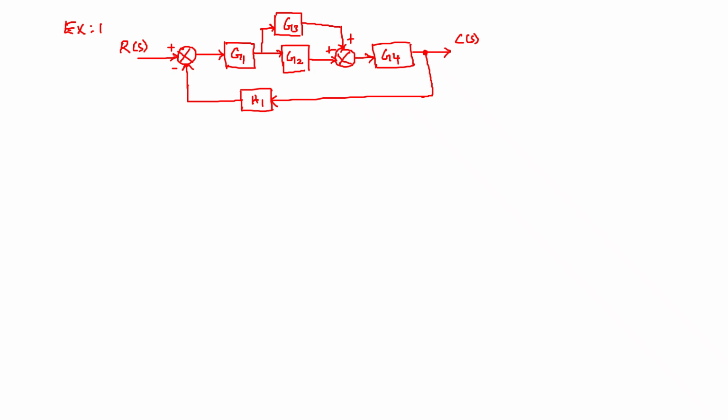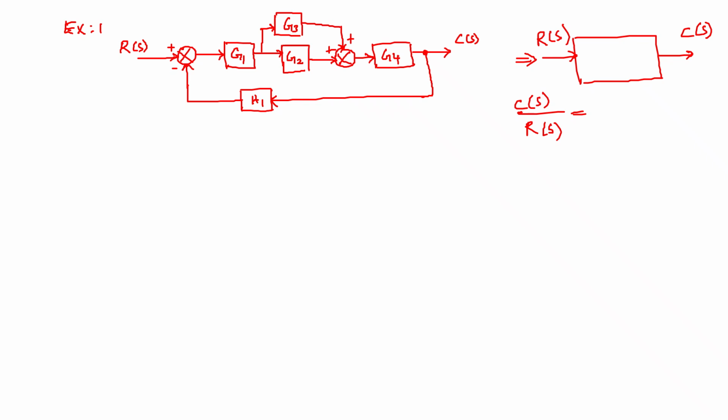We are supposed to reduce this closed loop system into a simple open loop system, like a single block with the same input R(s) and the output C(s), so that we can straight away write the relationship between the input and output in terms of a transfer function.